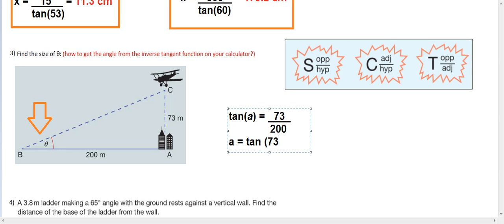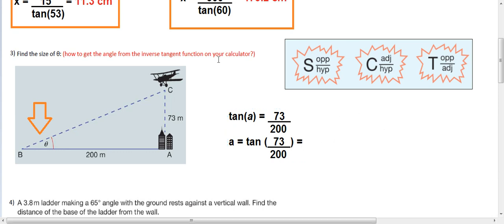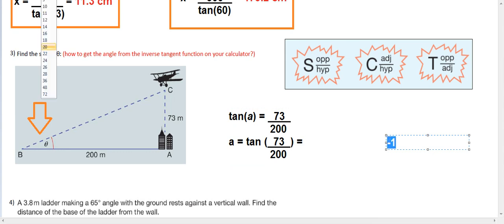Let me do it properly, 73 divided by 200. This is going to be equal to... let me write down -1 there, because this is the symbol for the inverse function.